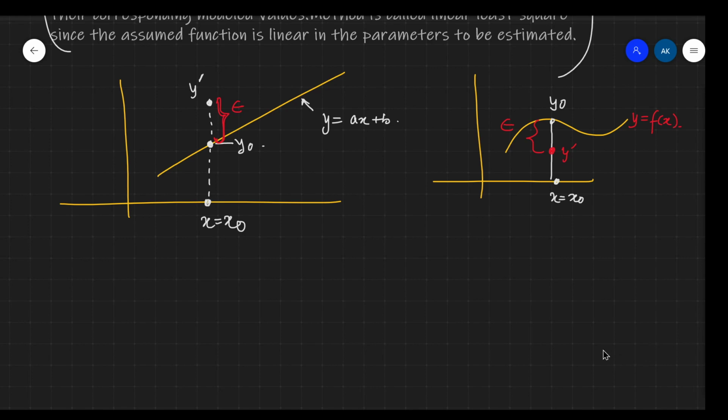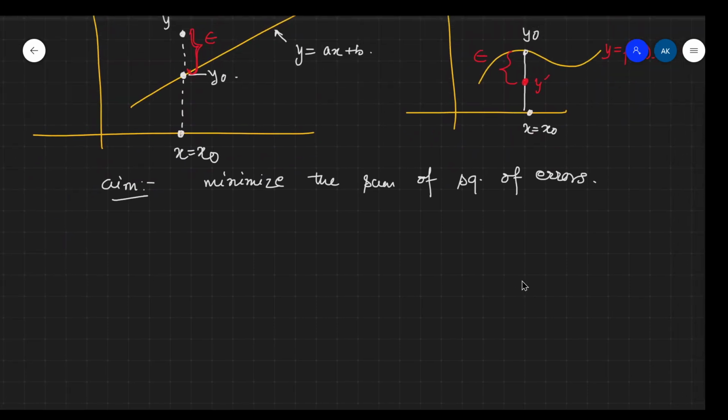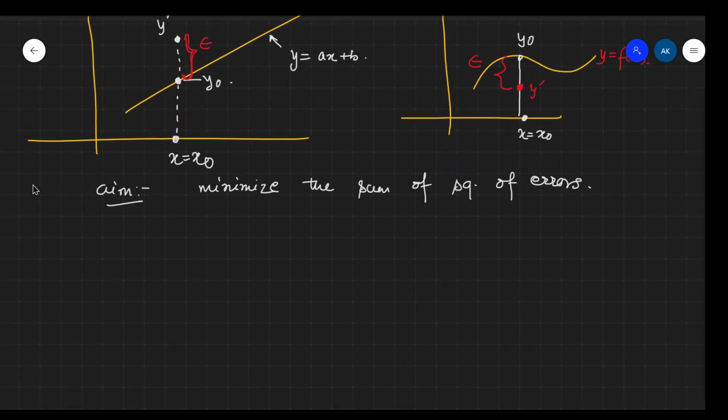So in the least square method, what we will try to do is construct an objective function. The aim will be very simple: the aim is to minimize the sum of squares of errors. To do this, we have to construct an objective function.